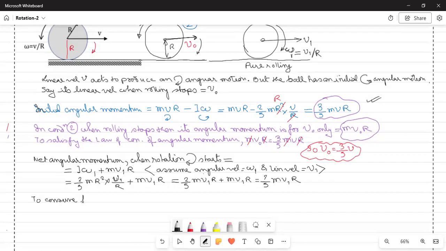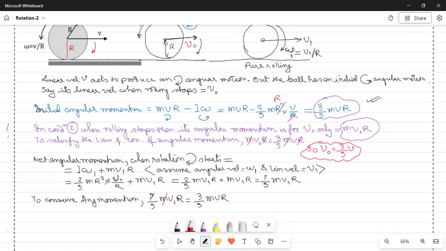To conserve angular momentum, this 7 by 5 m v1 r has to be equal to the initial angular momentum 3 by 5 m v r.